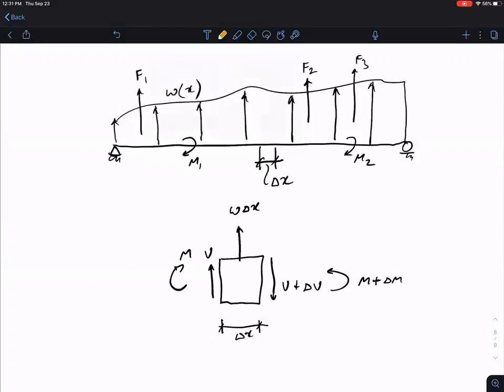Let's draw in what would have been the concentrated load, and remember that is defined by omega as a function of x. And so we've increased the shear force and moment on the right end by a small finite amount to make sure that the segment is in equilibrium.